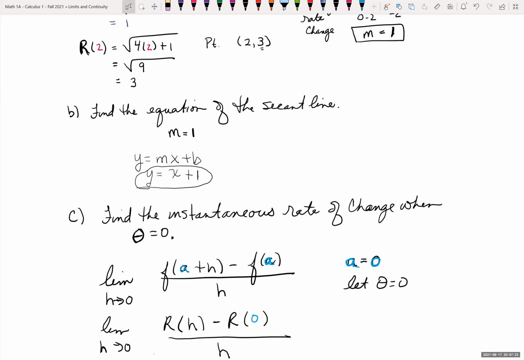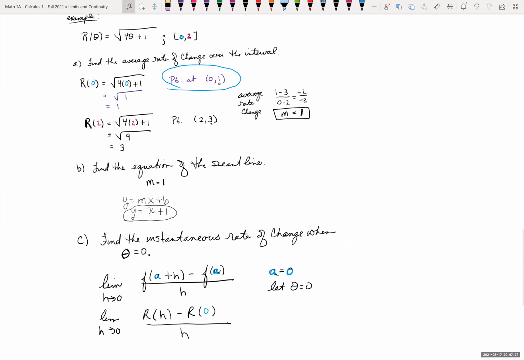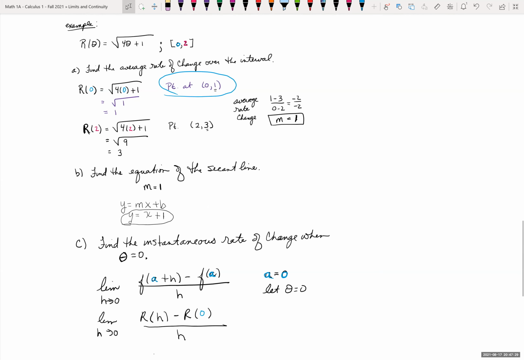So let me go back up and grab that equation. Notice that this is our equation: r of theta is the square root of 4 theta plus 1.